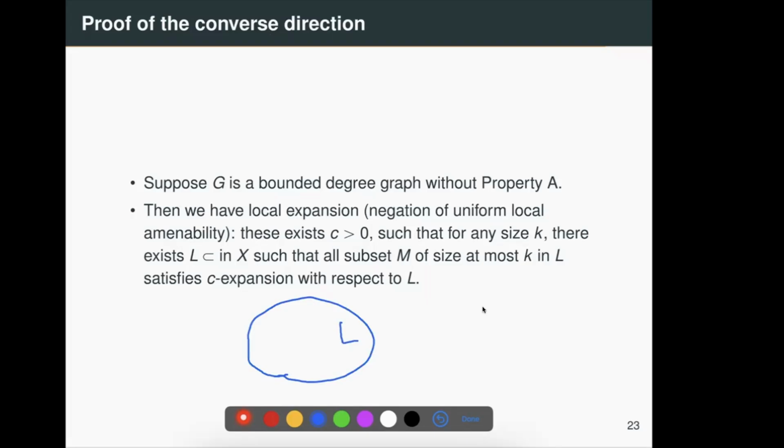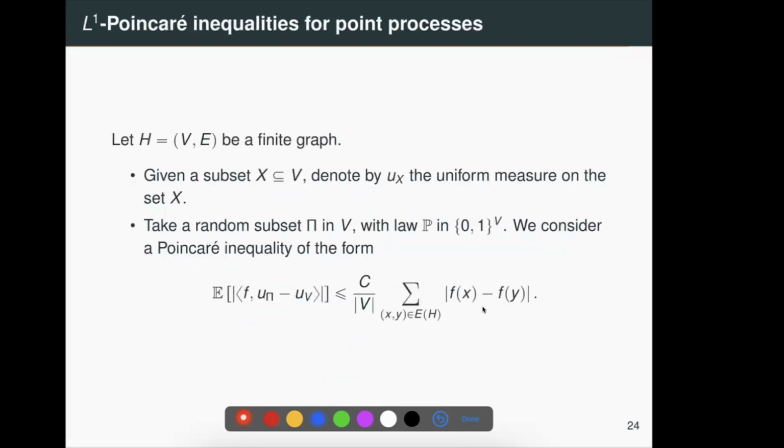And so for this case, if we want to extract some Poincare inequalities, we do not have expansion all the way in these local regions like in expanders. So what we found is that we can find these Poincare inequalities for some point processes. Here I want to consider Poincare inequalities of this form. Just for notation, if we have a finite set X, then UX denotes the uniform measure on this set.